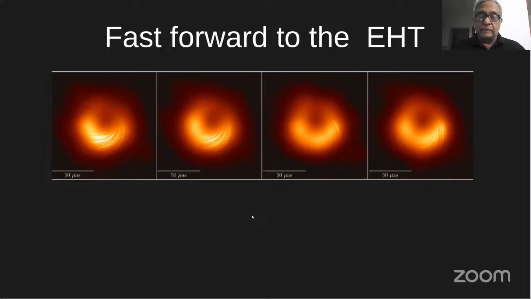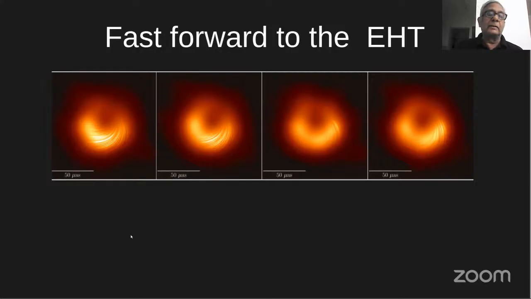And their first images, which came out in 2019, I think, of the innermost region of the M87 active galaxy, the radio, what you see in radio. And as you go to shorter and shorter wavelengths, the innermost region, which is optically thick, starts showing up. And of course, the outer regions start disappearing because they have very steep spectra.